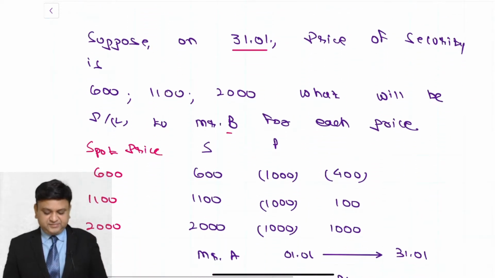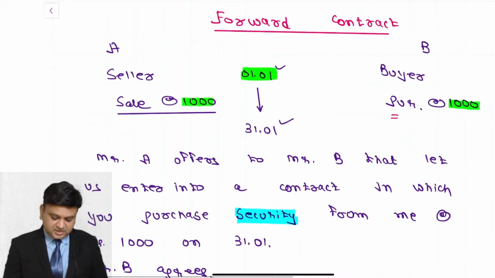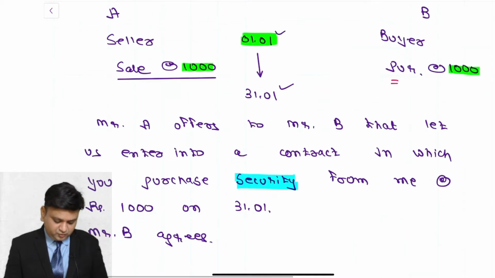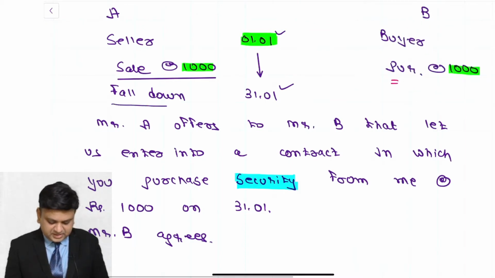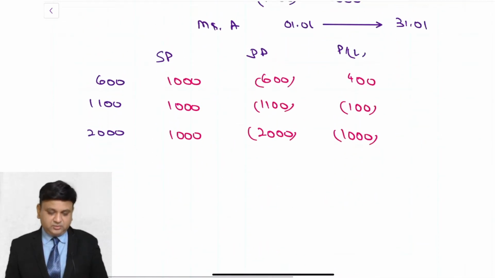We understand that when the forward contract is entered upon for the purpose of speculation, then in that case the forward seller is expecting that the price of the security, that is the underlying asset, will fall down.